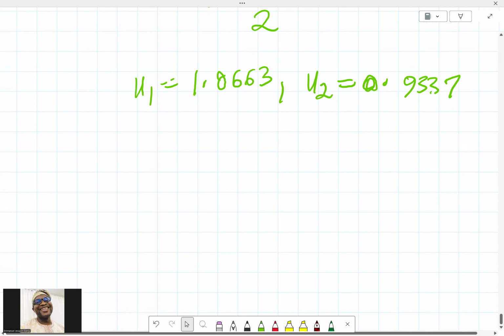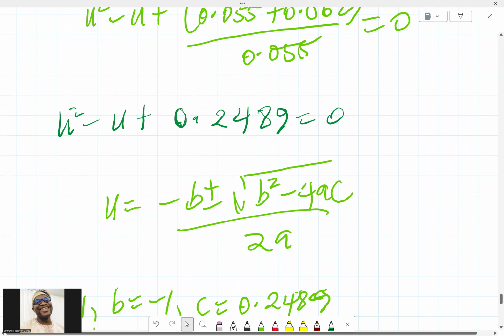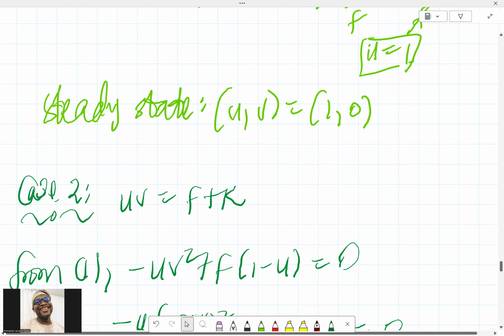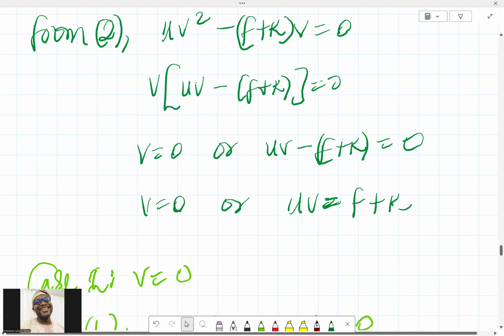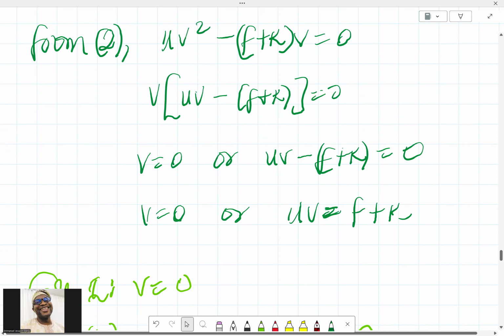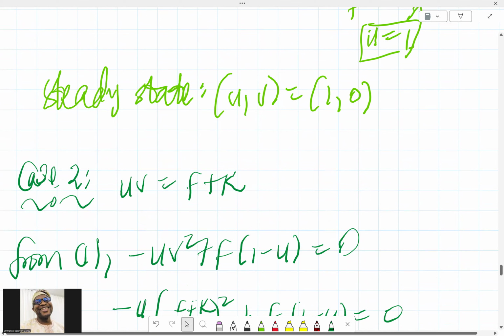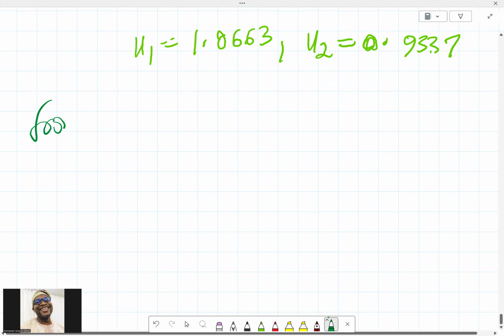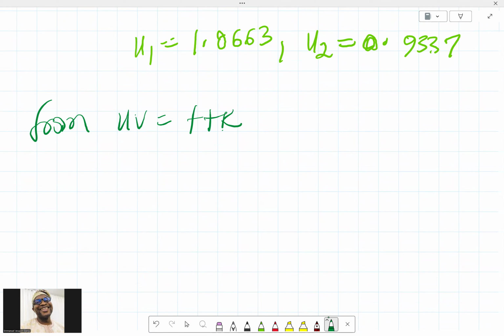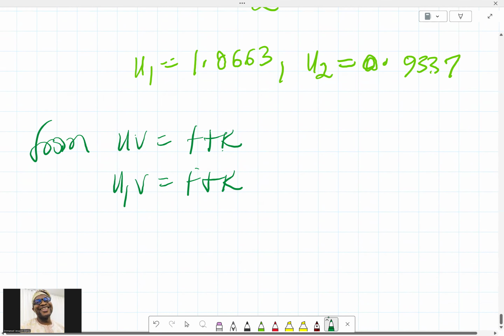Given this F plus K, because we have UV to be F plus K from here, it's either V is equal to 0 or UV is F plus K. So I can still go further. From UV equals F plus K, I can have U1 V equals F plus K. What we need here is V, right?